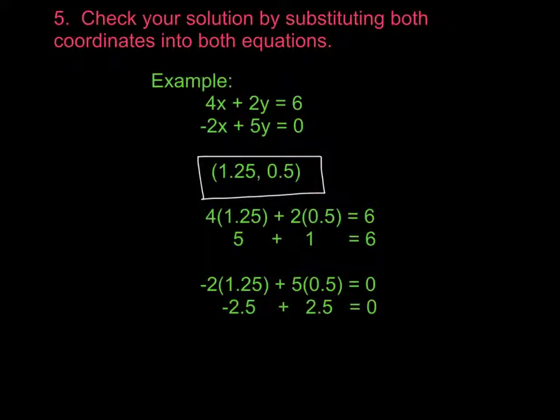So once I plug the solution 1 1/4, comma, a half back into both of the equations, it checks out. 4 times 1 1/4 is 5. 2 times a half is 1, and 5 plus 1 is 6. And then negative 2 times 1 1/4 plus 5 times a half, that's negative 2 1/2 plus 2 1/2, that is 0. That is also correct. So those are the 5 steps for solving a system using elimination. Let's try it with some practice problems.